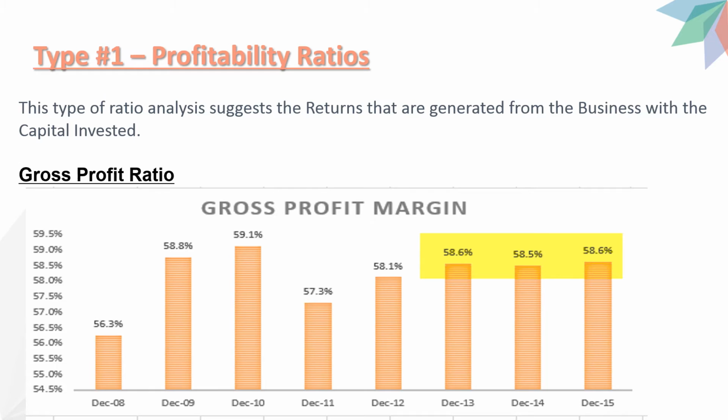Definition of type number 1, profitability ratios. This type of ratio analysis suggests the returns that are generated from the business with the capital invested. Gross profit ratio, below graph. Gross profit margin. In December 2008, 56.3%. In December 2009, 58.8%. In December 2010, 59.1%.